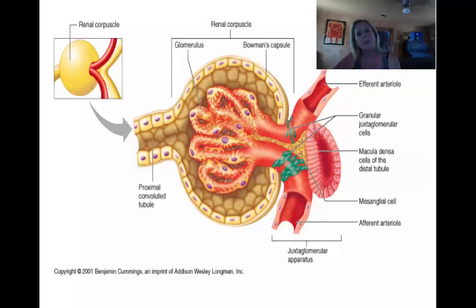Now, the same thing happens with the afferent arteriole. If we constrict that down, it's like putting your thumb over the hose. The blood that's coming out of the afferent arteriole into the glomerular capillaries is going to have a much higher pressure. The higher the blood pressure in the glomerular capillaries, the greater the filtration.